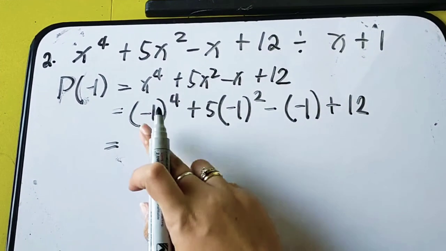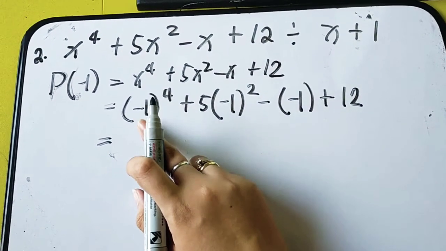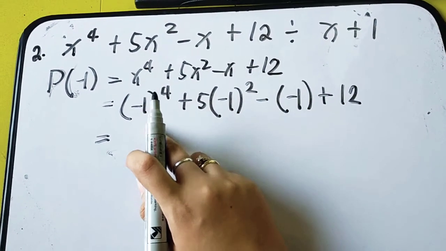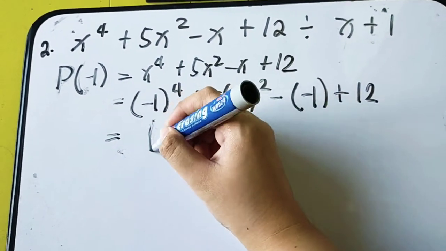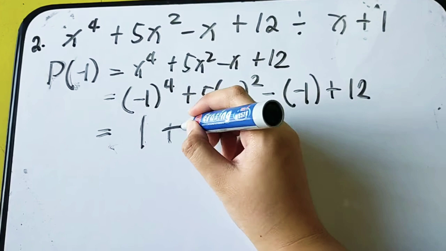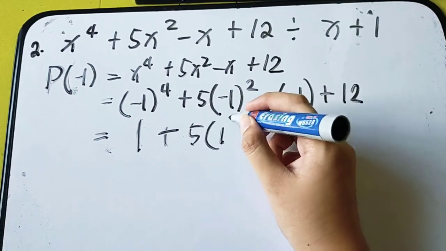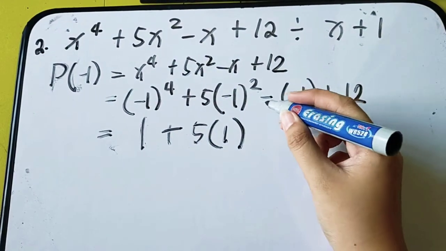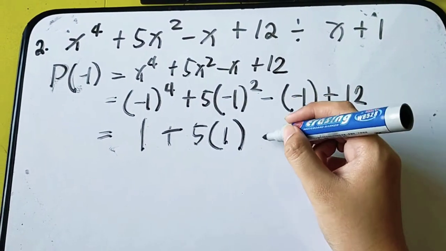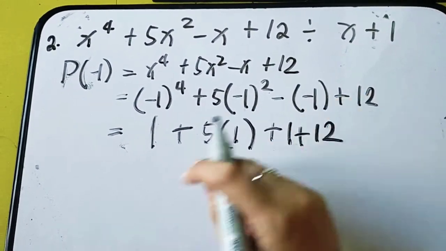Then, simplify. Since negative 1 raised to 4, meaning negative 1 times negative 1 times negative 1 times negative 1, the answer here is positive 1. Okay? So, 1 din yan. Then, plus, copy 5. So, negative 1 raised to 2, the answer is positive 1 ulit. Bakit positive? Kasi even yan. Negative times negative 1, the answer is positive 1. Then, plus 12. Then, simplify.